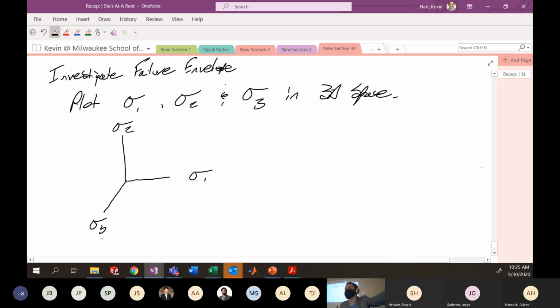Let's say I go through some analysis on some point that has a complicated stress state. That analysis is going to give me a sigma 1, sigma 2, sigma 3 that exists somewhere in space on this three-dimensional figure. So let's say I do analysis and I got a point here that exists for one particular complicated stress state, or one stress state of interest.